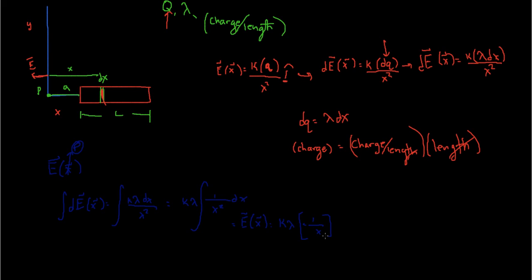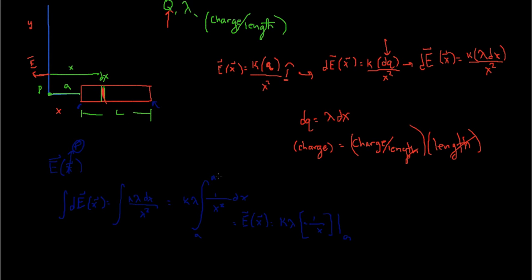Where does the rod start and where does it end in terms of our distances? Well, it starts right here. So from point P, that's just this distance A. So for evaluating the integral, it starts at A, and it ends right here. So that's a distance of A plus this distance L. So that's A plus L.